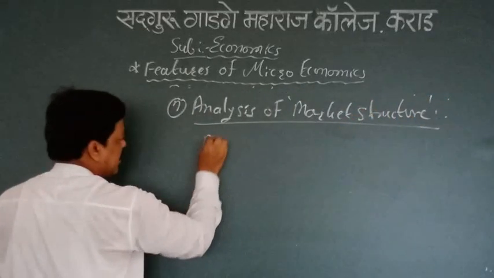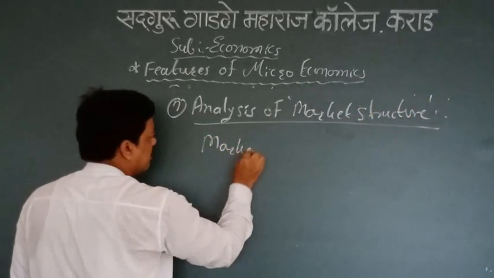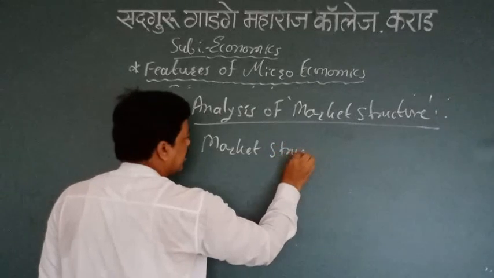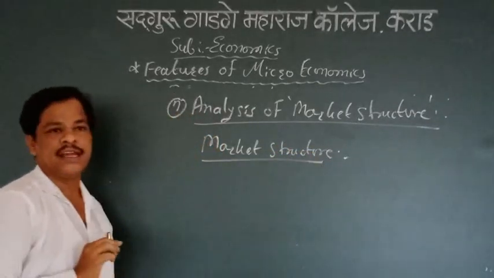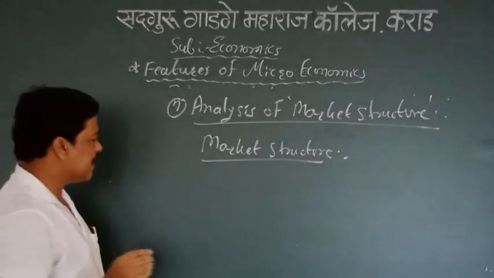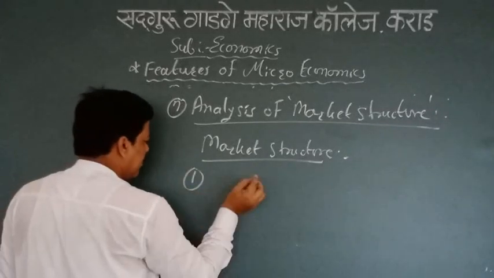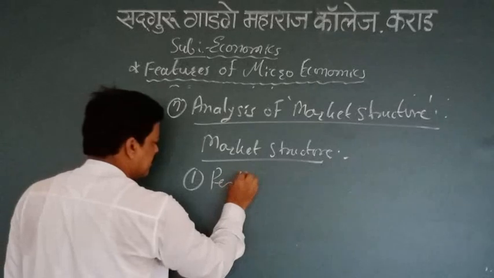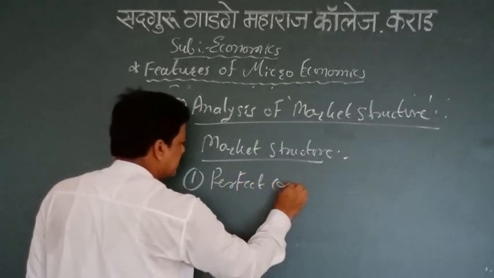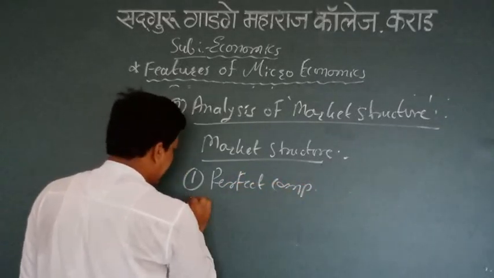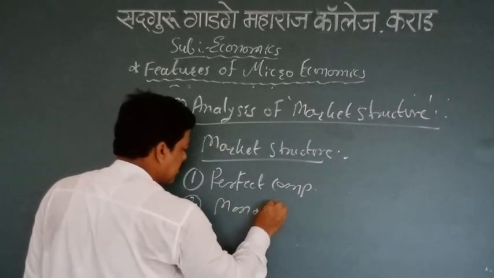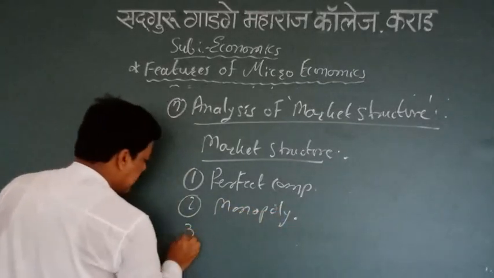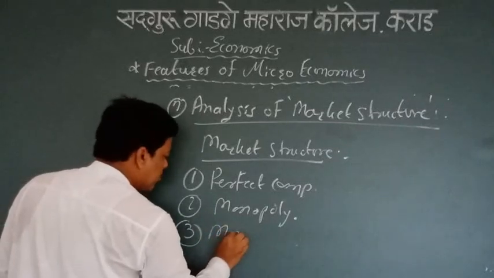What do you mean by market structure? Here some new terms are there. First is perfect competition. Second is monopoly. Third is monopolistic competition.